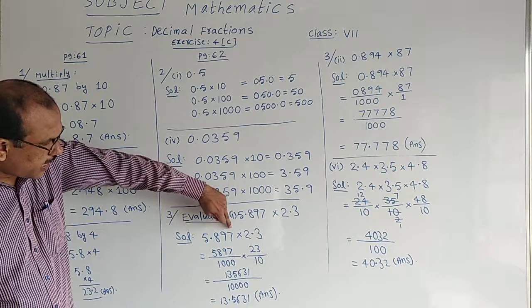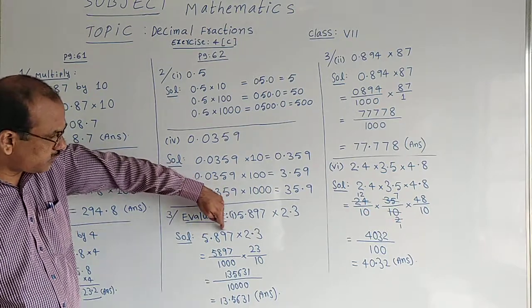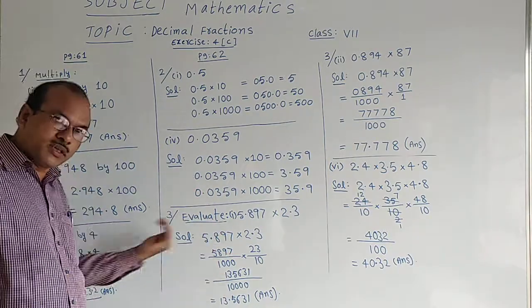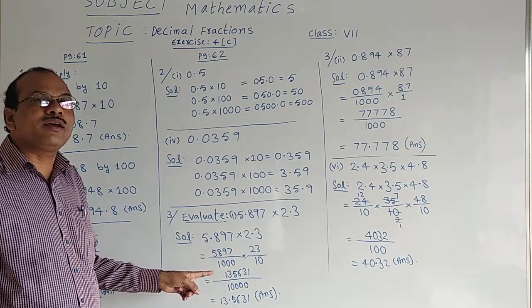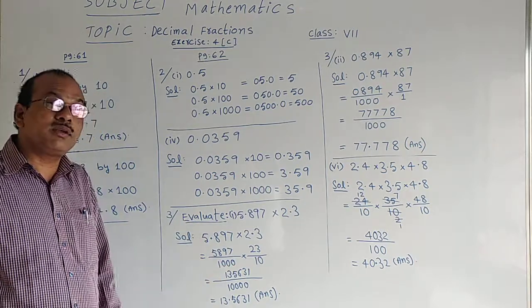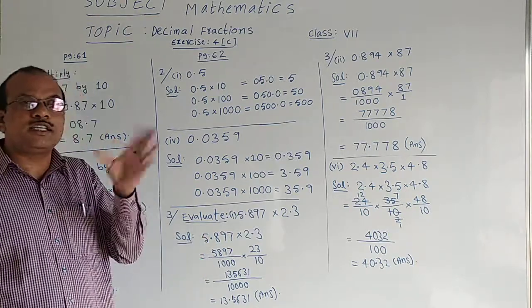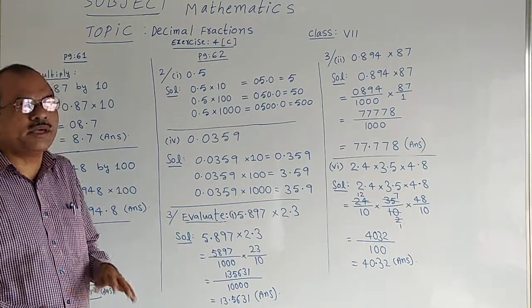Why? Because after how many digits is the point allotted? After 3 digits the point is allotted. The point which is after 3 digits we want to remove. That's why a number with 3 zeros, of course starting with 1, that is only 1000, is placed. Then the point disappears. The decimal point is removed. Got it?